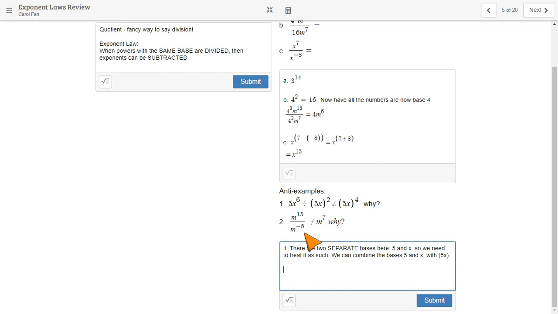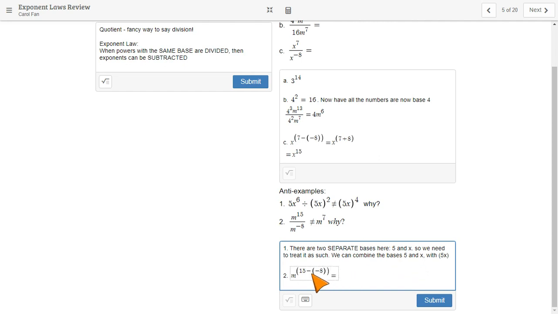Right. The second part here, m to the 15 divided by m to the negative 8. It doesn't equal m to the power of 7. Why is that the case? Well, we know that we have to subtract the exponent because the rule says that exponents can be subtracted if the bases are the same and divided. So I have m to the power of 15 minus negative 8.